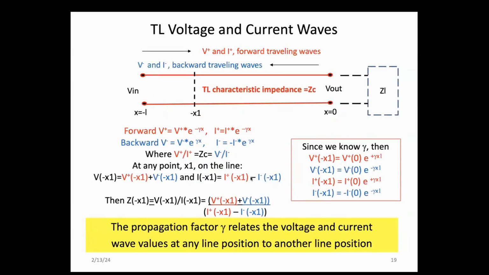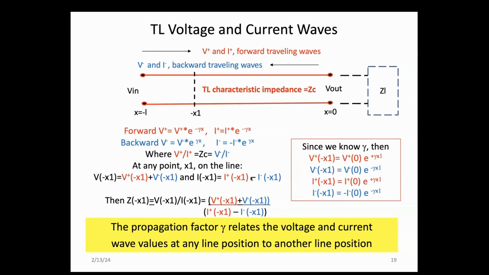Next slide, please. Okay, this is a busy slide. In general, we have both forward and backward waves on transmission lines because very seldom are our transmission lines perfectly matched. And anytime there's a termination on the line that has an impedance other than Z sub C or Z0, you're going to get a reflected wave.